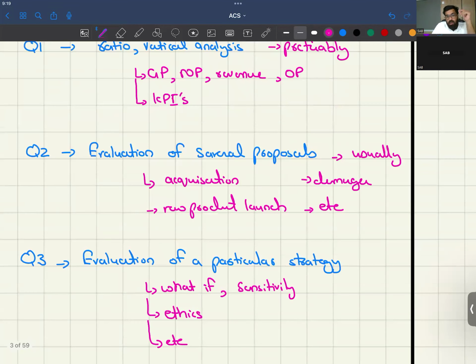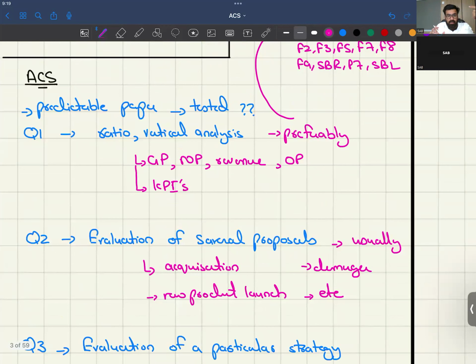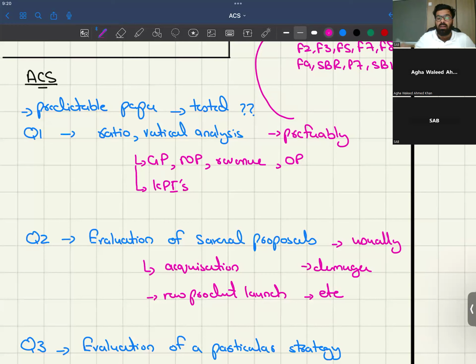If anyone has a good grip on the case study, these requirements are based on a case study which is available to you 40 days before the exam. If you have a good grip on the case study, then you can easily pass this paper, right?